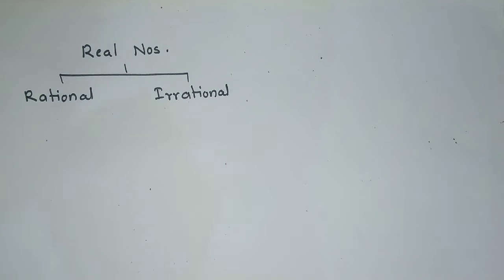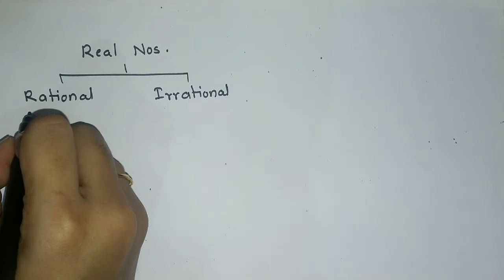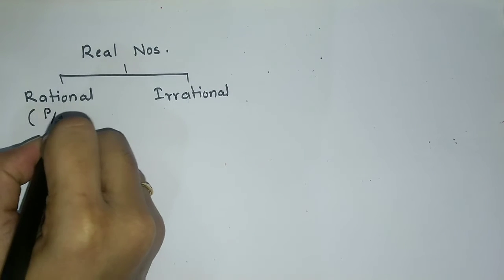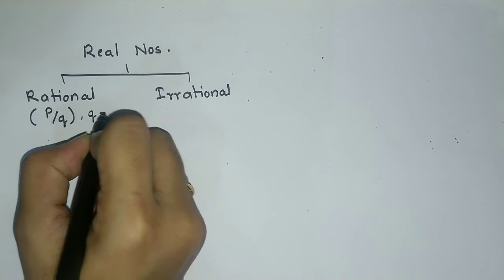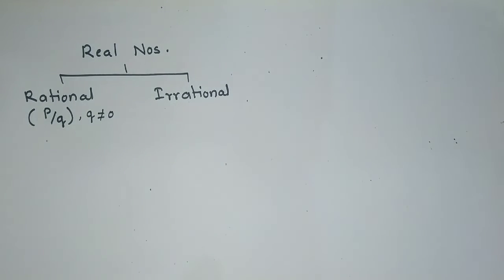Now, the rational numbers are in the form of P by Q, where Q is not equal to 0.